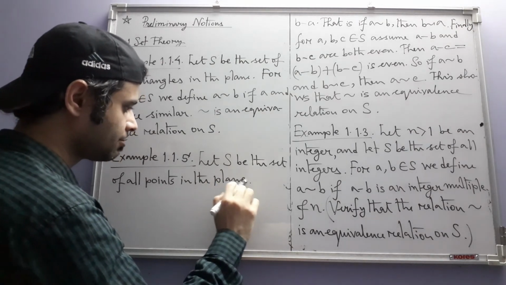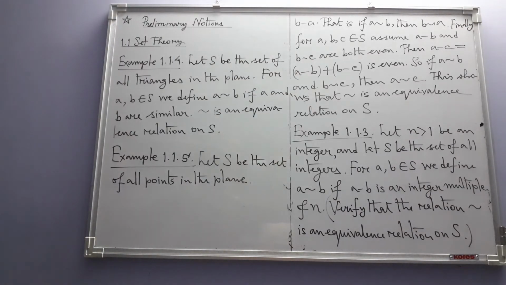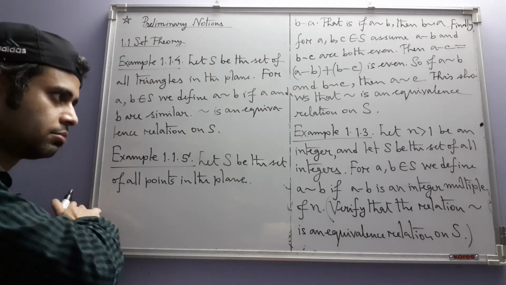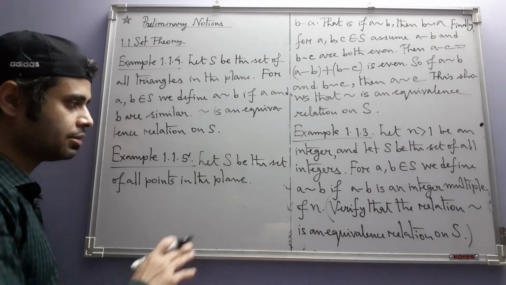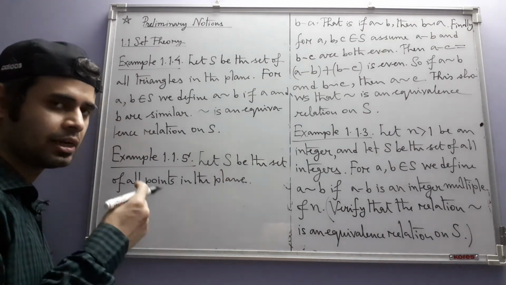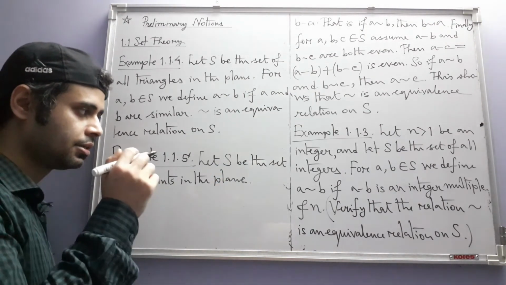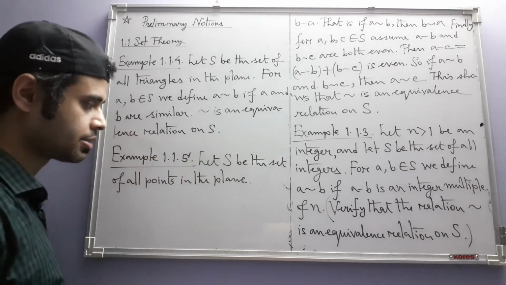On a plane surface, you have infinitely many points. The plane is unbounded in any direction. It has no boundary. On such a plane, there are infinitely many points. The set of those points is S.